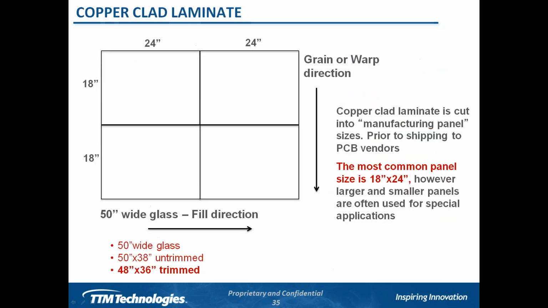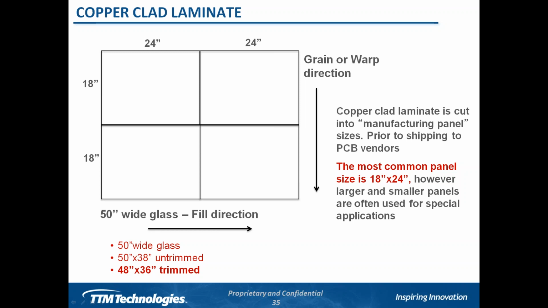And when we look at, again, the direction of the material, our material supplier will typically make rolls that are 50-inch wide. Then they get trimmed down into 48 by 36-inch trimmed values, which coincidentally fits very well with a typical standard master panel size for circuit boards, which is 18 by 24.